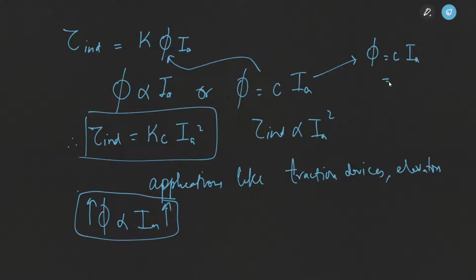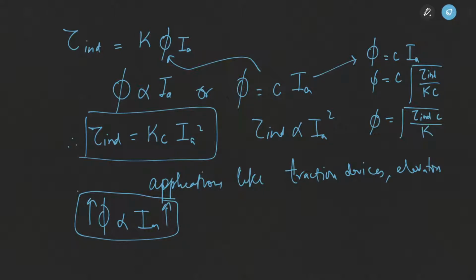We just found out that Ia is equal to the square root of torque induced divided by Kc, or in other words we can write phi is equal to the square root of torque induced into C divided by K. So therefore phi is equal to the square root of torque induced into C divided by K.